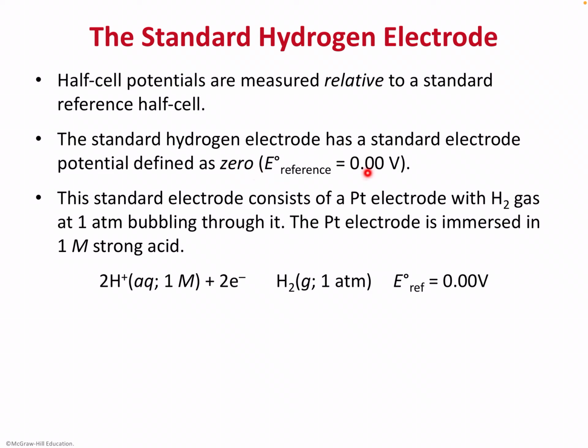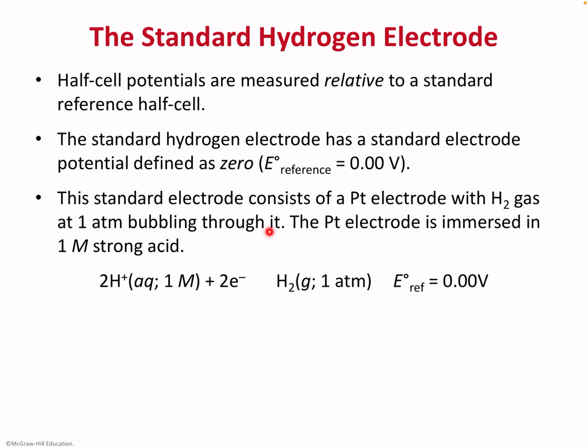E0 reference 0. This standard electrode consists of a platinum electrode. Remember, we need to have an inert electrode since hydrogen cannot be made into a solid. So we use either a carbon or platinum electrode with hydrogen gas at 1 atm bubbling through it.